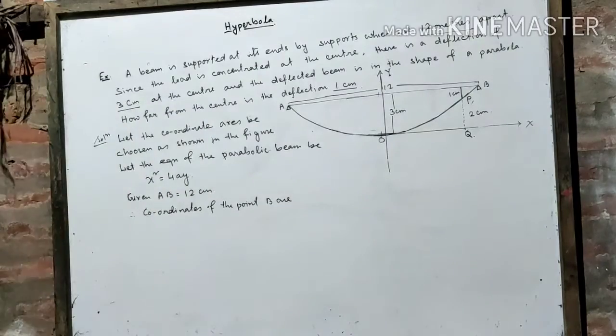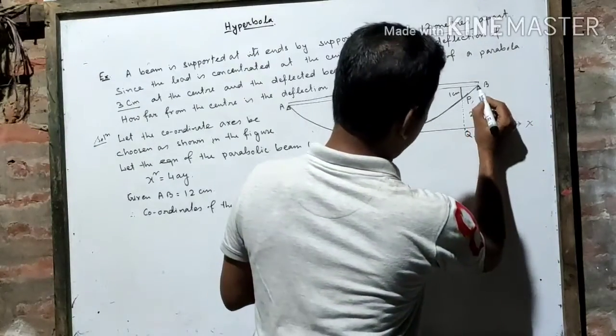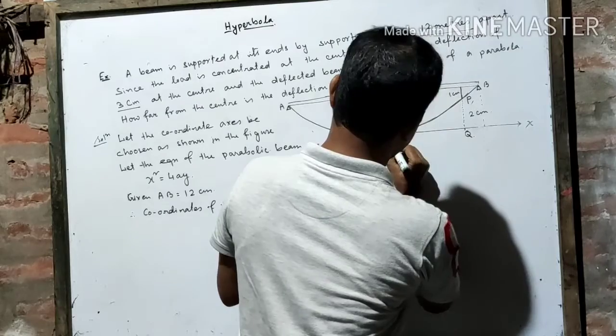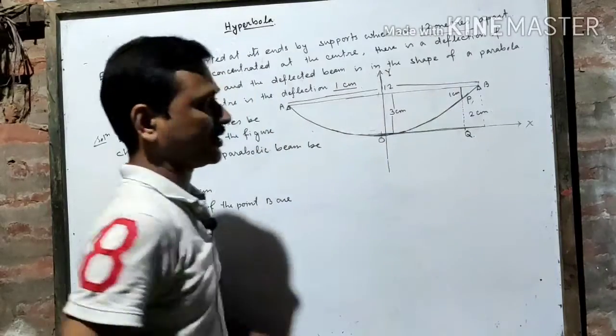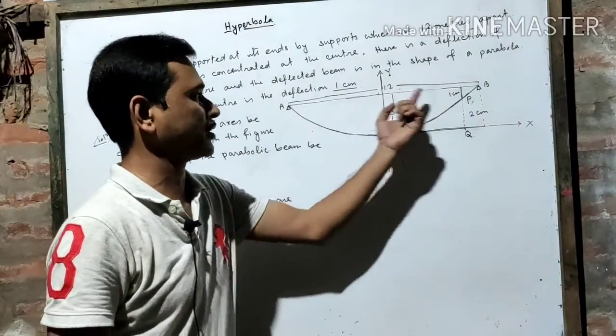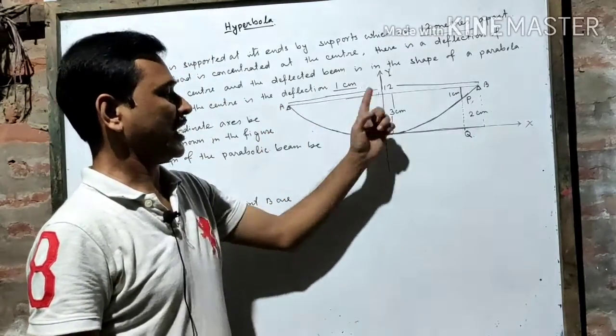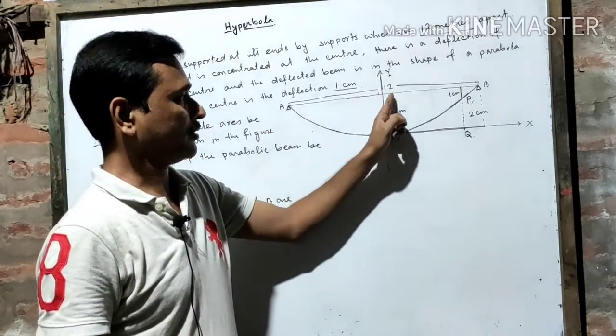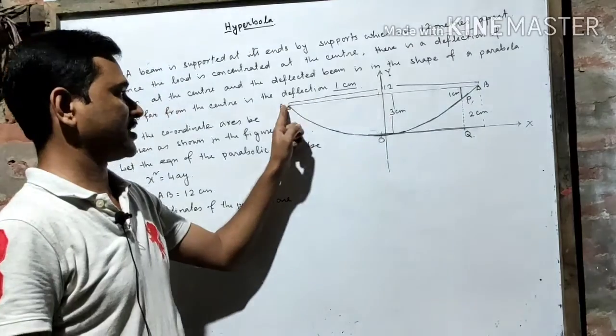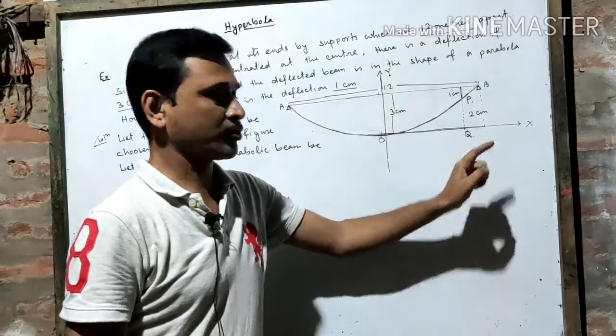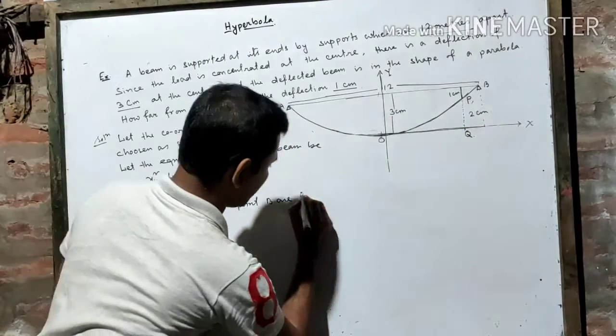Okay, let's see. This length is its x coordinate and this will be 6 because the total length AB is 12 and this is the center. So this is 6 centimeter and this is 6 centimeter. So x coordinate of B will be 6.